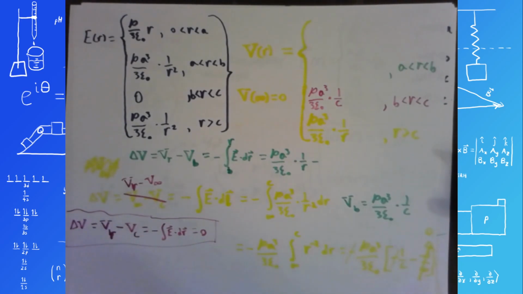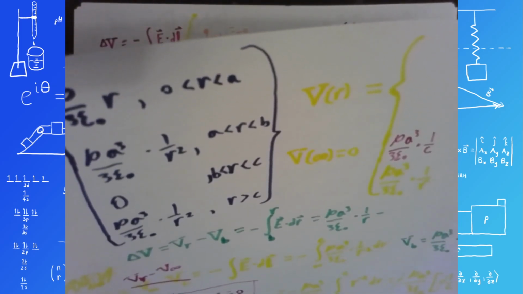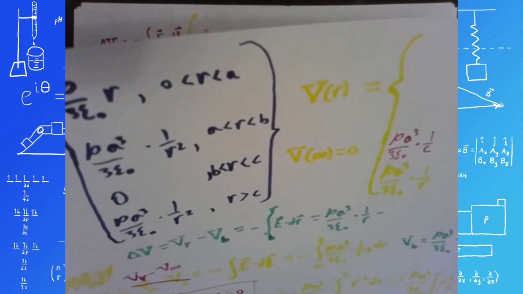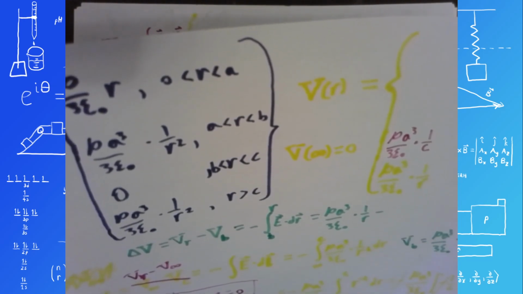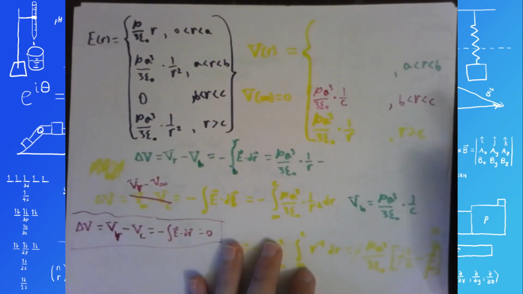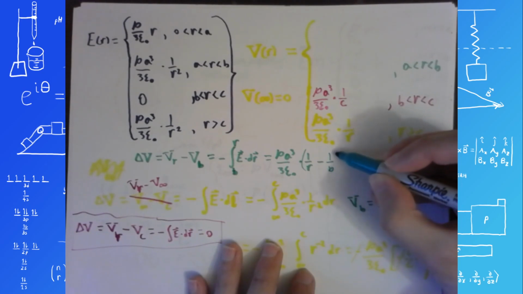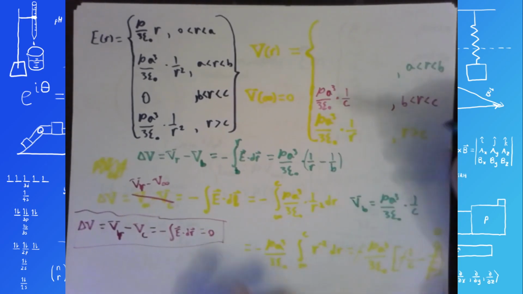Wait a minute. That's not right. Is that right? Times 1 over r minus, this doesn't seem right to me. Hold on.